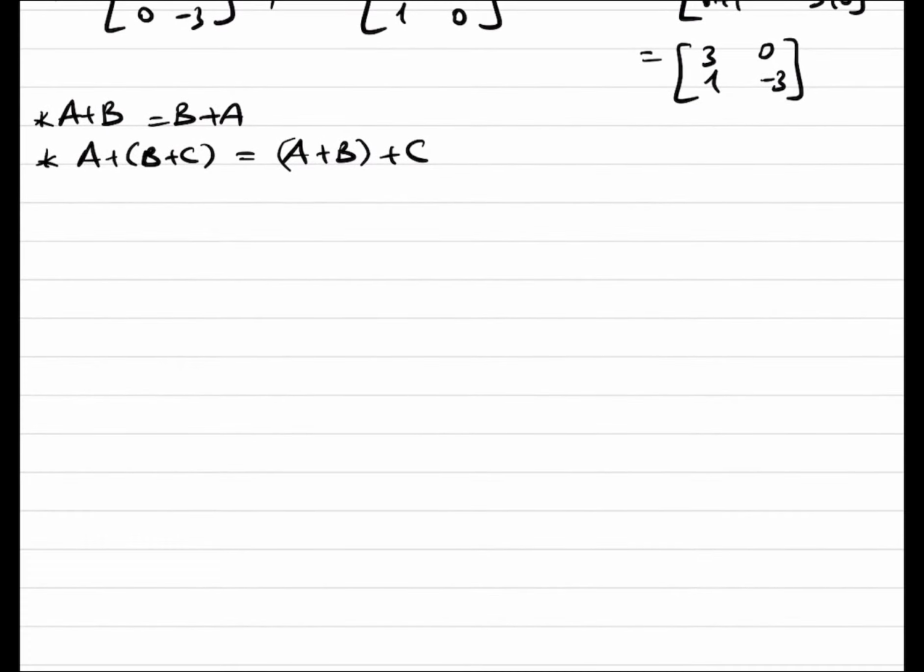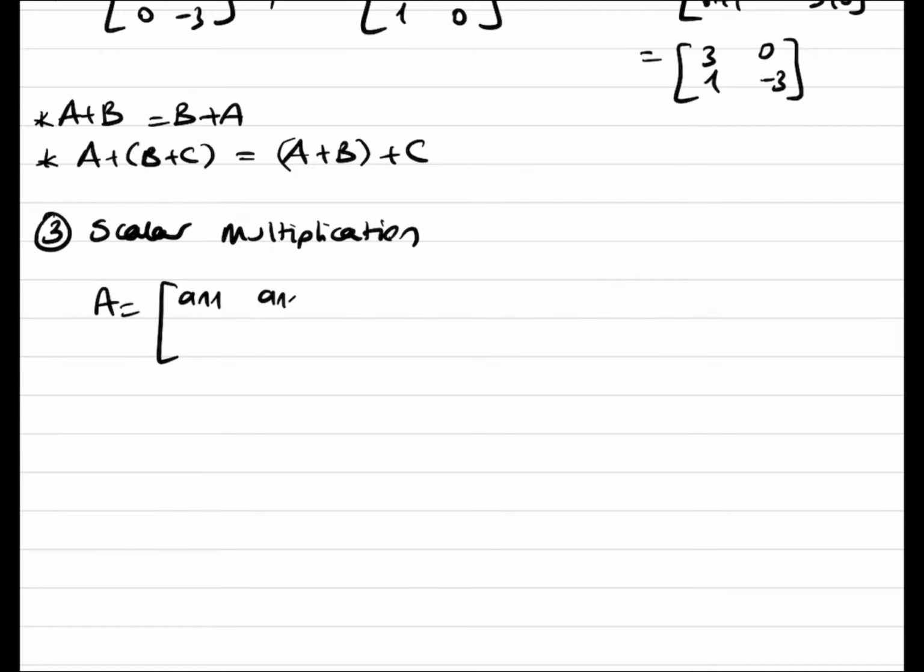Let's look at another one, scalar multiplication. Whenever you have A, 2A is, this is too easy, you multiply every entry.